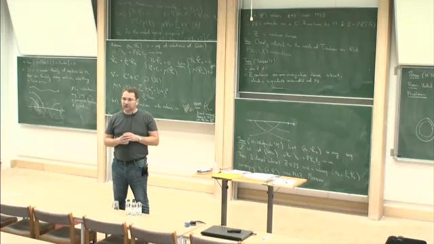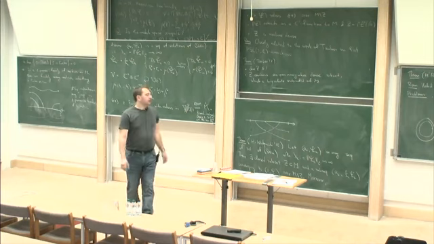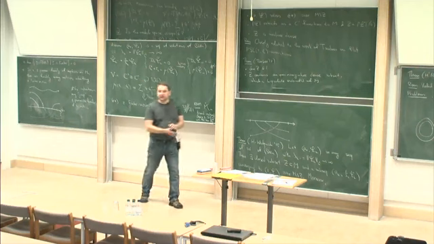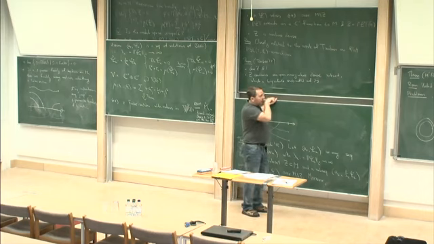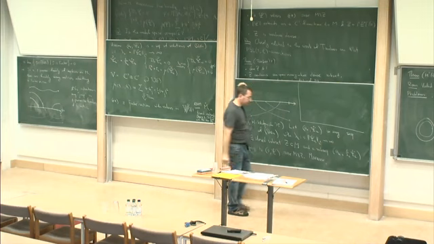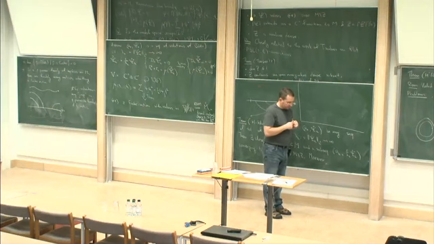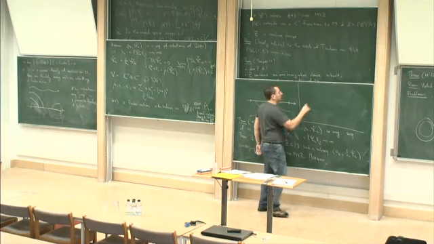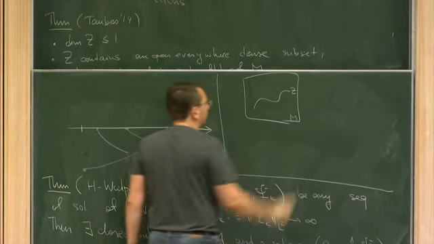Is the behavior of the limiting A, psi near the singular set Z somehow under control? It is under control to a certain extent. Namely, what you have is your manifold M and you have Z in here.